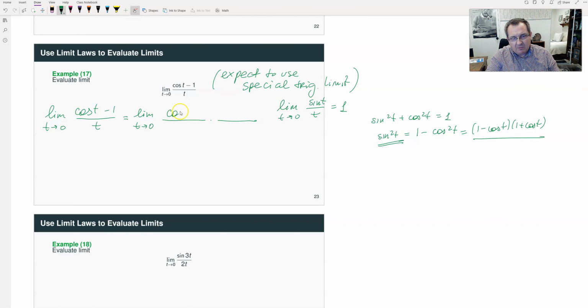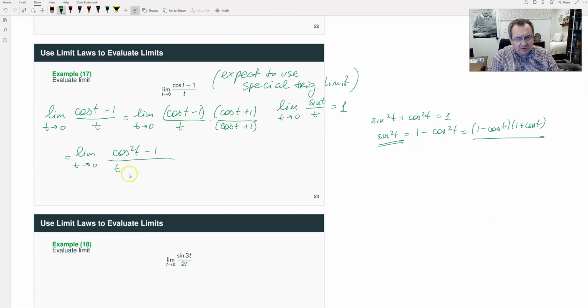So we will start with copying our expression. In the numerator, we have cosine t minus 1, and in the denominator we have t. And we will multiply and divide by cosine t plus 1, both in the numerator and denominator. Okay, let's simplify. In the numerator, we will have cosine squared t minus 1.